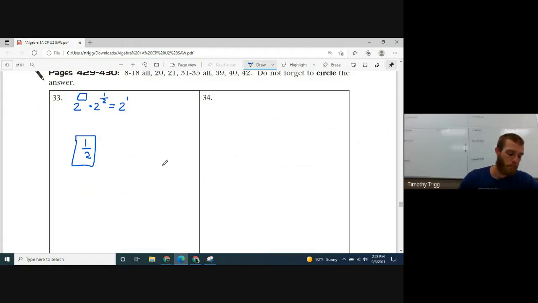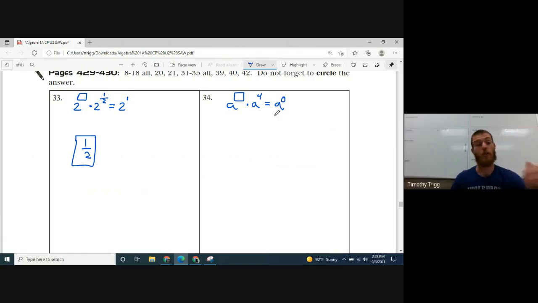Okay. Next one. A to the power of blank times a to the power of 4 equals 1. Okay, so now the trick here is that instead of a 1 here, you could think of this as a to the power of 0, right?